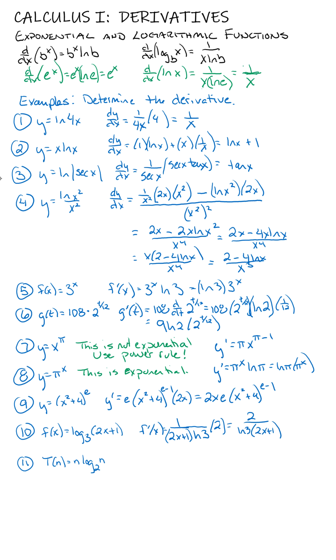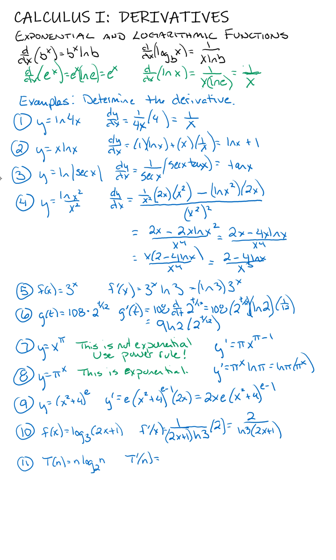All right, finally, example 11 here, we have T of n is equal to n log base 2 of n. Notice my variable here is n, but I do have two of them, and it looks like there is multiplication going on between those, so we will use our product rule. So T prime of n, we will start with the derivative of the first.